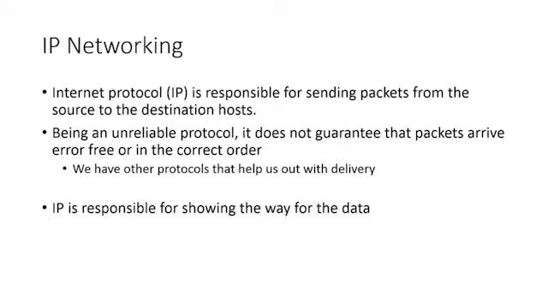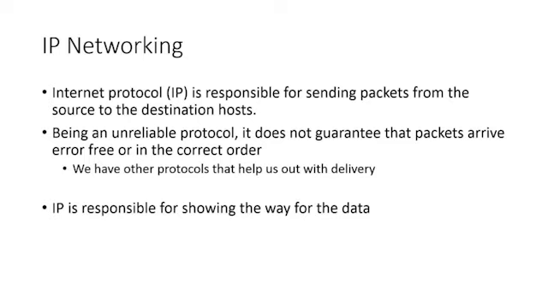So Internet Protocol, or IP, is responsible for sending packets from the source to the destination hosts. It's responsible for showing the way for the data. All right? Now, this is an unreliable protocol. There's no mechanism in place to make sure it's doing what it's supposed to be doing.